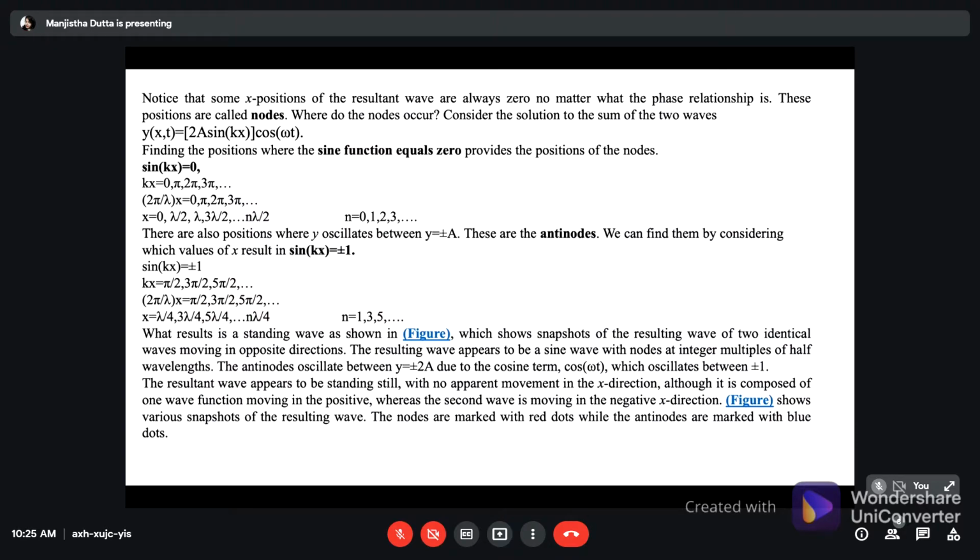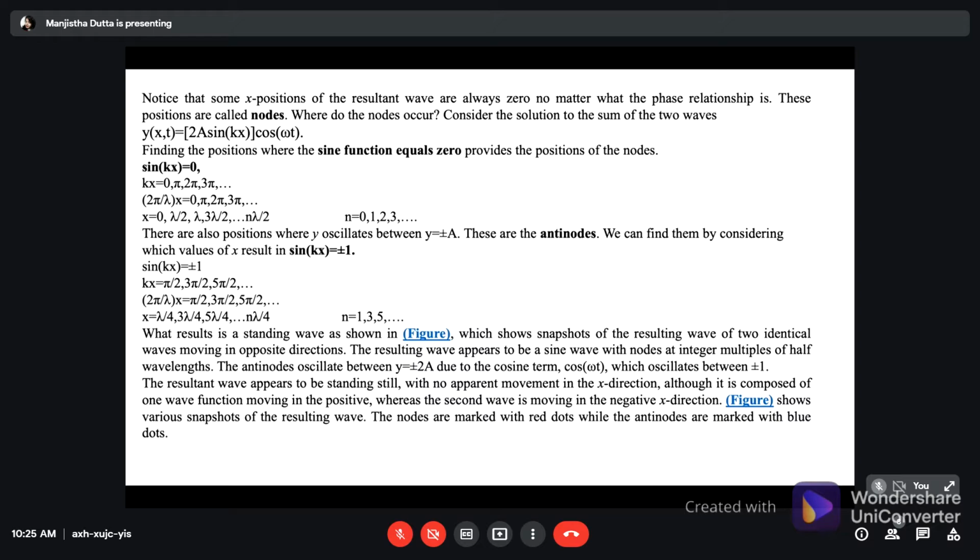Now, this is the thing that we have already discussed: for which values of sine kx we will get nodes and antinodes, and what the values of x are. We discussed that x equal to 0, lambda by 2, 3 lambda by 2 are the positions for nodes, and x equal to lambda by 4, 3 lambda by 4, 5 lambda by 4 represent antinodes, maximum amplitude.